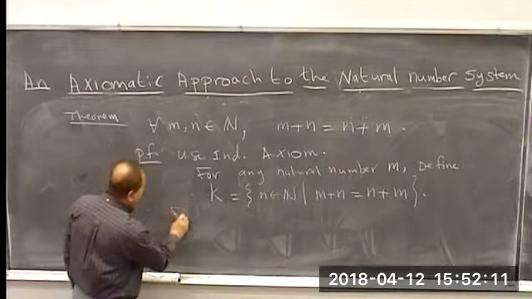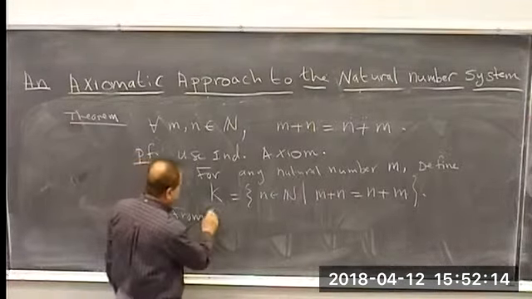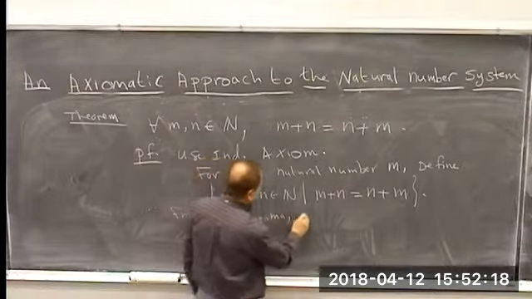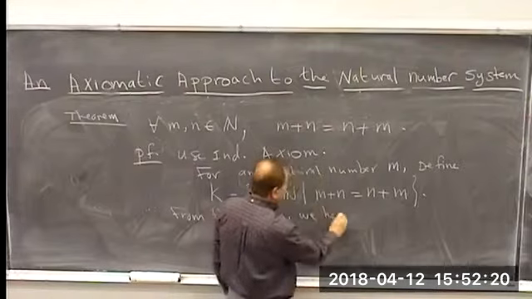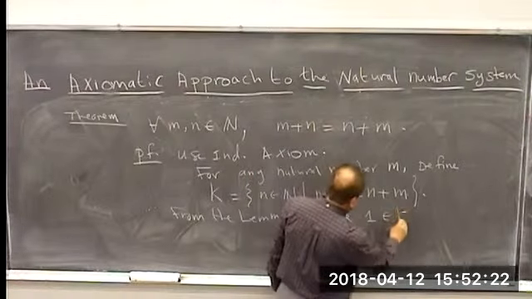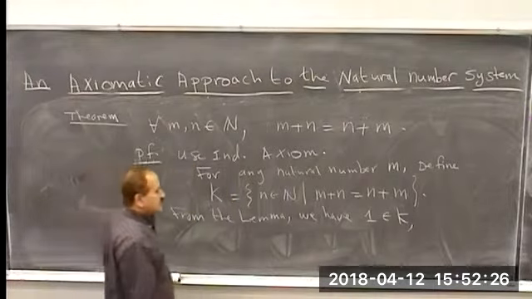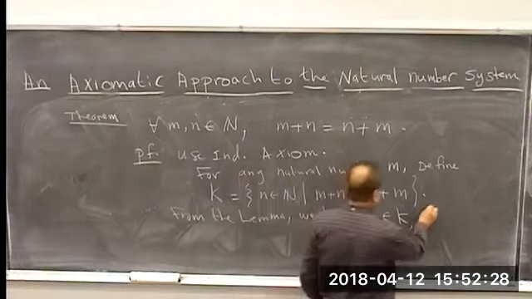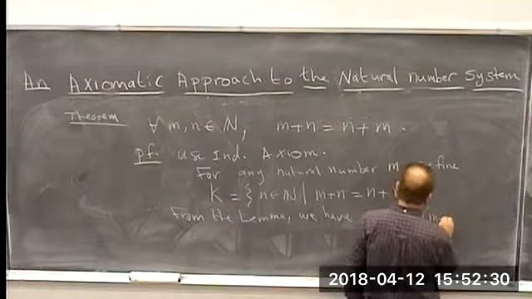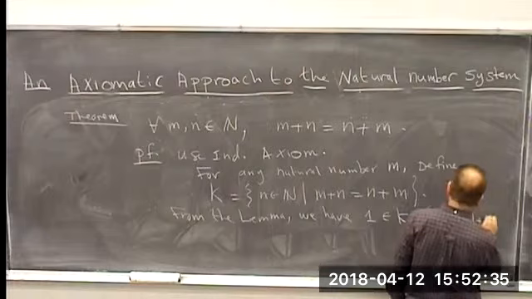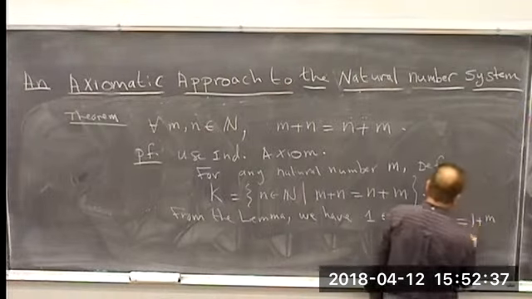From the lemma, we have 1 is in K. All right? Because we already proved in here that m plus 1 is equal to 1 plus m for every m.